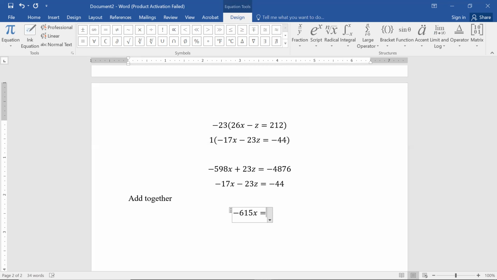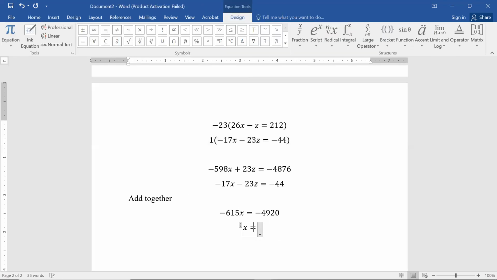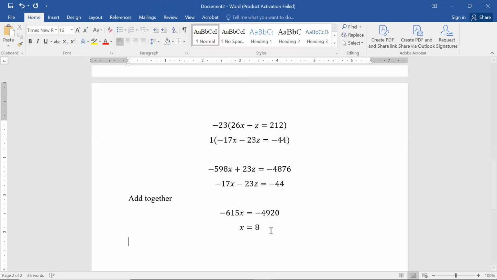And I end up with negative 4920 on the right-hand side. Dividing both sides by negative 615 gives me an x value, which is 8. So obviously we dealt with some ugly looking numbers here, but we ended up with an x value of 8.